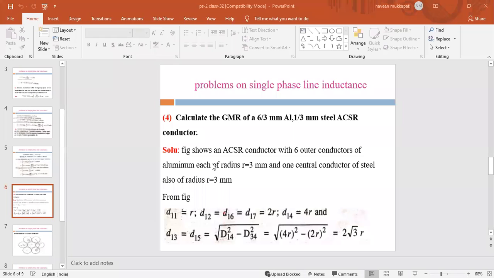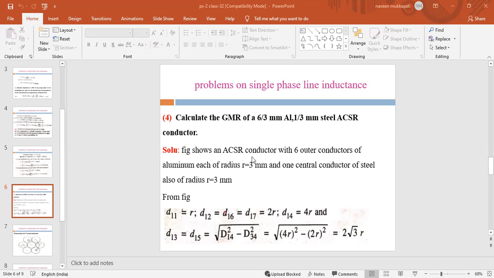The figure shows the ACSR conductor with 6 outer conductors of aluminium, each of radius 3 mm, and one central conductor of steel, also of radius 3 mm.